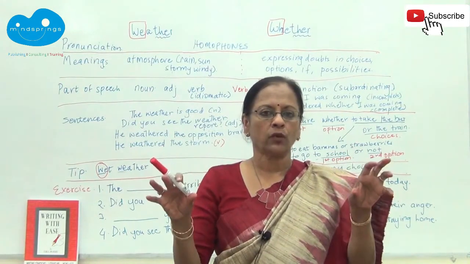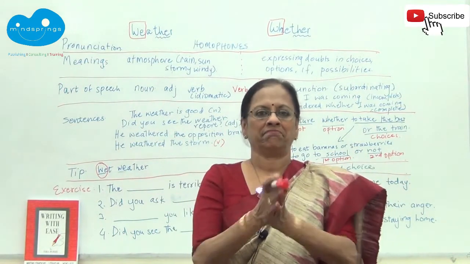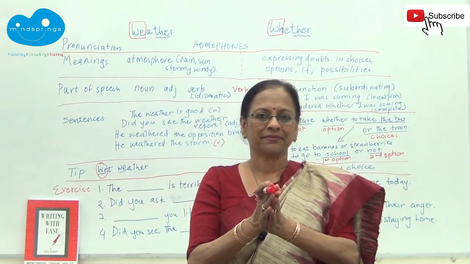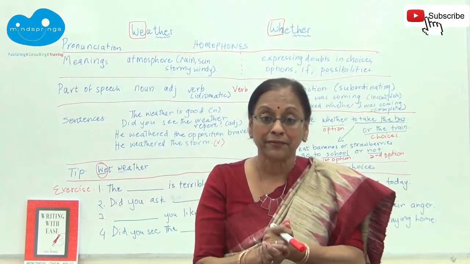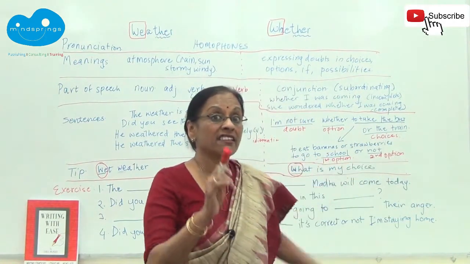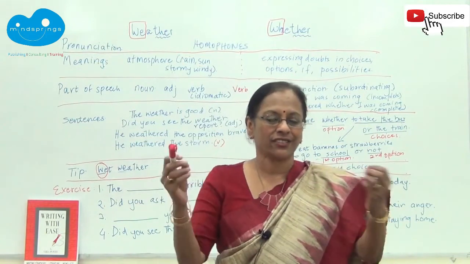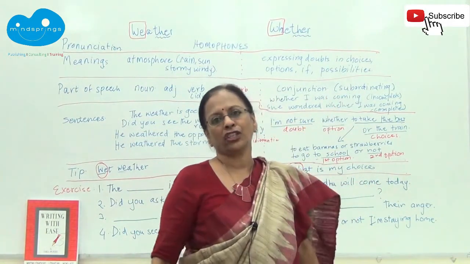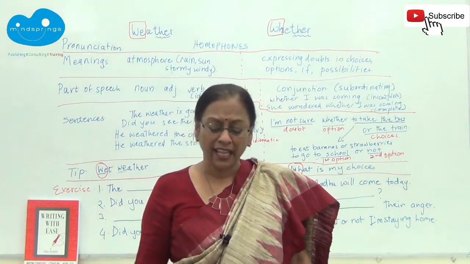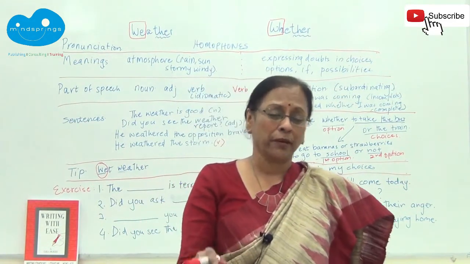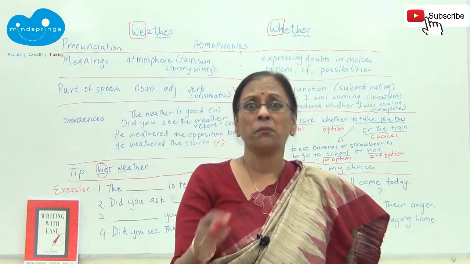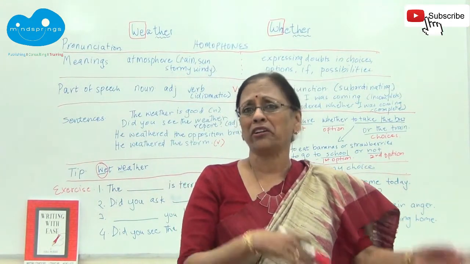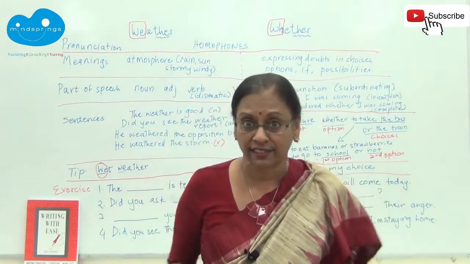So there are two separate words, you put cement and they come together. They are related, they are connected. Whether is a conjunction. It connects two sentences together. But it's a subordinating conjunction. What do you mean by subordinating? Now these are some of the horrible parts of grammar. Everyone hates the simple, compound, complex, subordinating, coordinating. It drives you nuts.